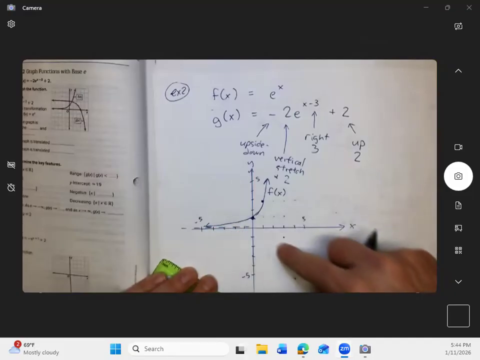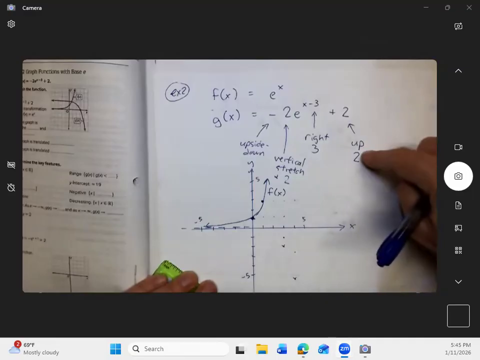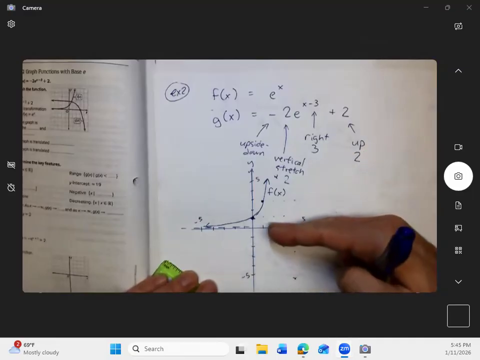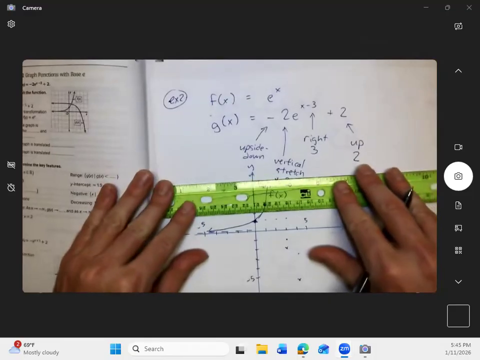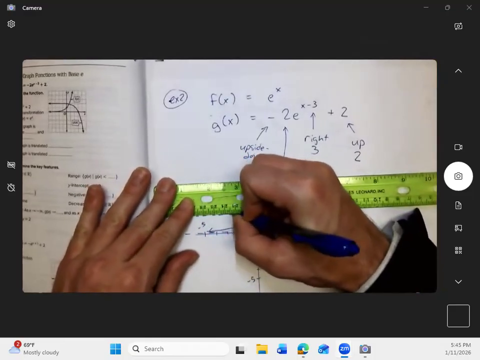So far, I've got a curve in my mind that looks about like this. But there's one last step. It says up 2. That's also going to take this horizontal asymptote and shift it up 2, so up here to y equals 2. Here's your horizontal asymptote for g of x.